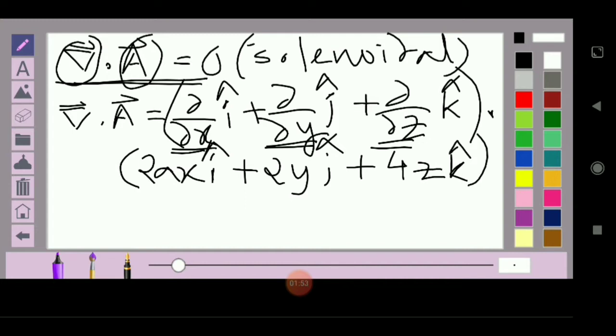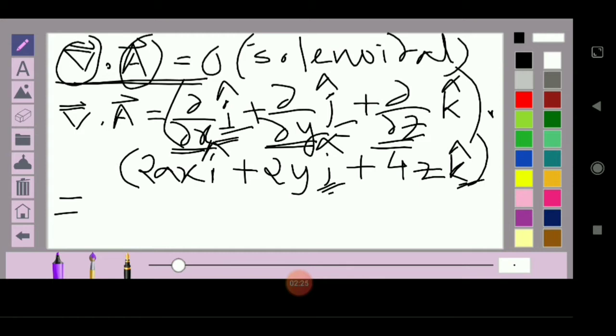So now we will perform the dot product. How can the dot product be performed? As we know, we will take only i hat dot i hat, j hat dot j hat and k hat dot k hat. Why so? Because i hat dot j hat always gives us 0, and j hat dot k hat always gives us 0. The dot product between dissimilar directions always gives us 0, because those are aligned at a 90 degree angle with each other.